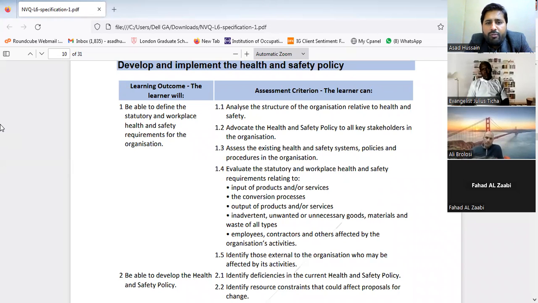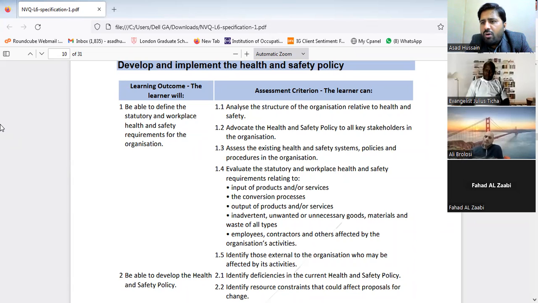Welcome. Okay, now 1.2, educate the health and safety policy to all key stakeholders in the organization. Now, it is discussing who is a key stakeholder. First, we should know what a stakeholder is.